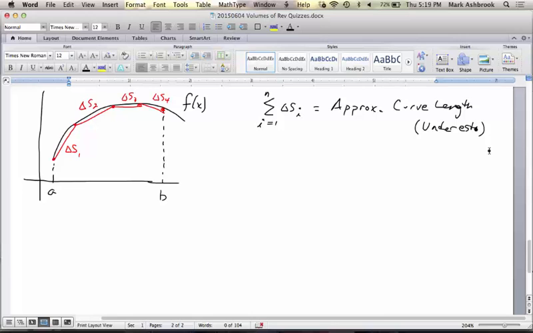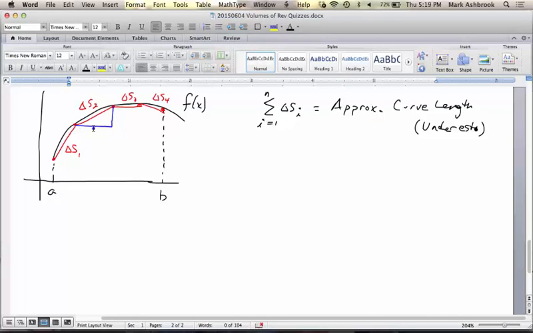Okay, so what is delta S? If we look at, just say this is a typical one right here, we want to get the length of that. How can we get the length of that? Square root of the change in x. Yes, exactly. We're going to use the Pythagorean Theorem, right?